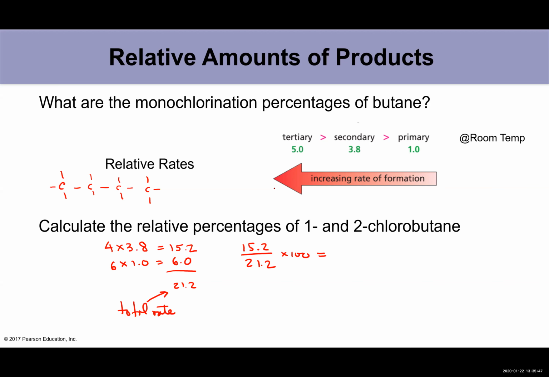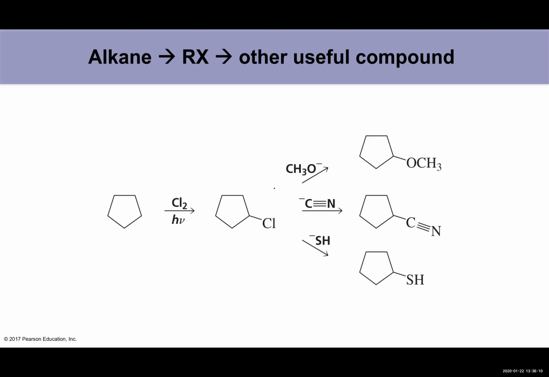I already pulled it out. Oh, look, you flipped upside down on me. Is it flipping upside down on you guys? There we go. Yeah. There we go. 15.2 divided by 21.2, that comes out to 71.7%.